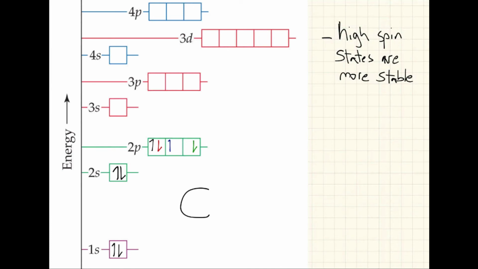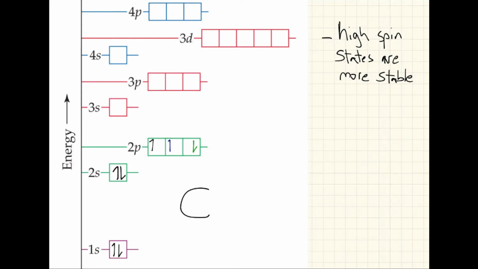Suppose we were to compare 2 of these options that I've got. Let's compare the blue option to the green option, recalling that we have to add an extra electron to the system to get our total of 6. We've already placed the black one, and now we need to choose, is there a better option between the blue one and the green one? Well, the answer here is, as I've said up here, high spin states are more stable.